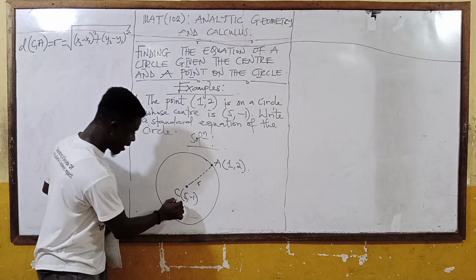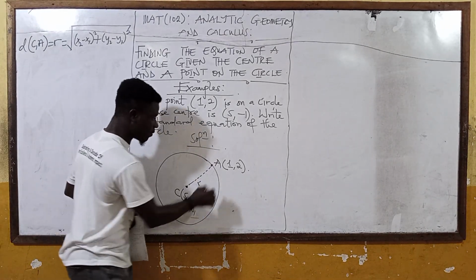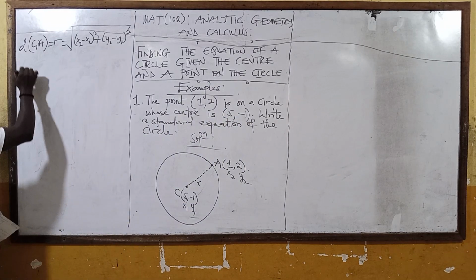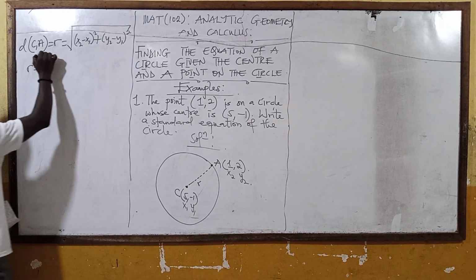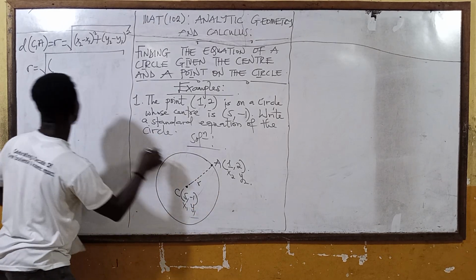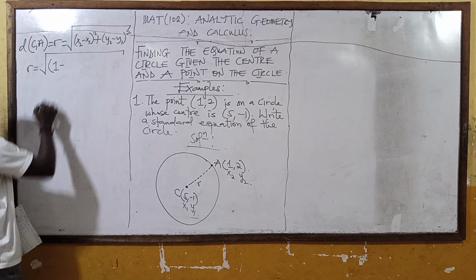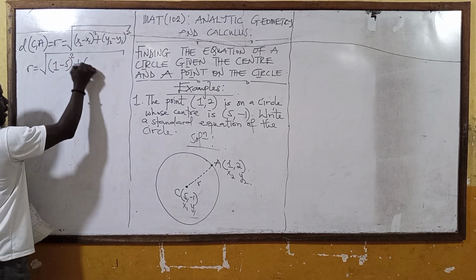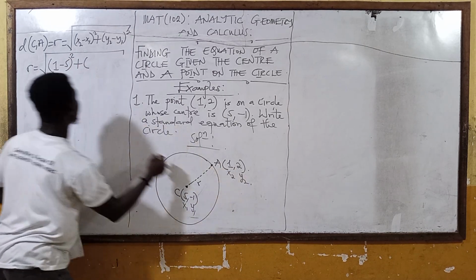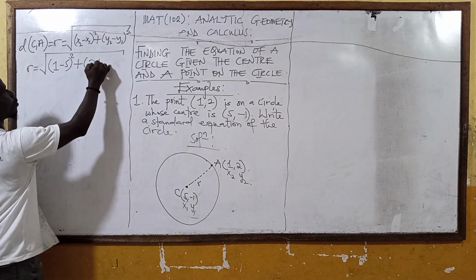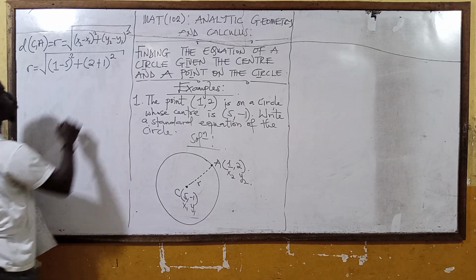So I have here my x1, y1, x2, y2. So my radius must be equal to the square root of my x2, which is given as 1, minus my x1, which is 5, squared, plus my y2, which is 2, minus my y1, which is -1, so I get +1, squared.